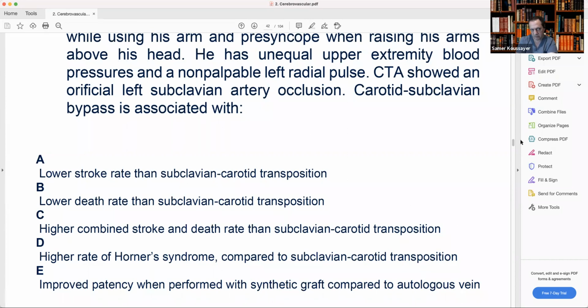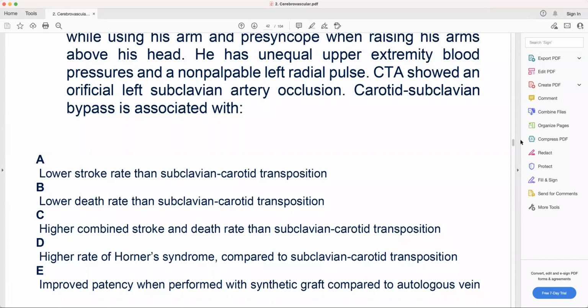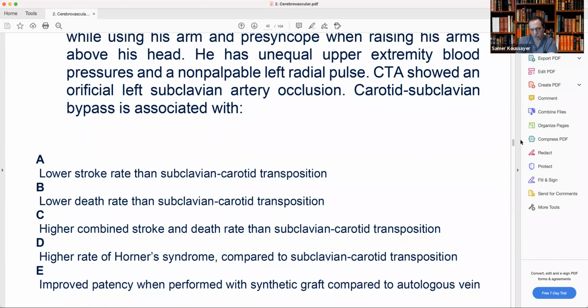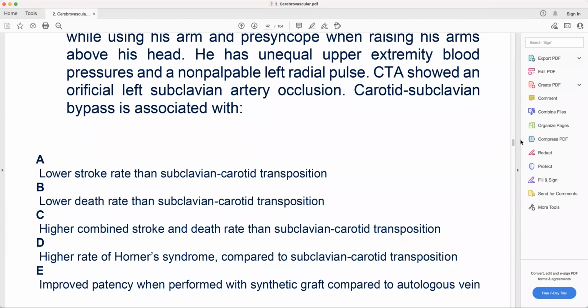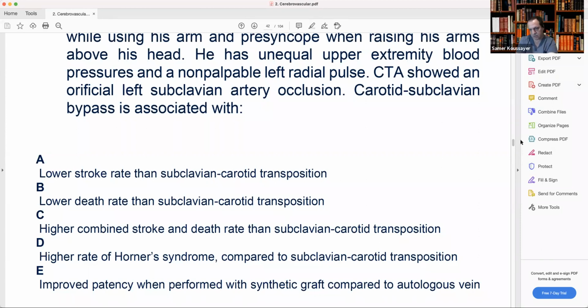The internal mammary is the lower part, so to rotate, you need to ligate the internal mammary so you can rotate the artery. Of course, you keep the vertebral. You cannot ligate it. Then you can rotate it, bring it up and do the carotid subclavian transposition or bypass. So the problem is that you sacrifice the internal mammary.